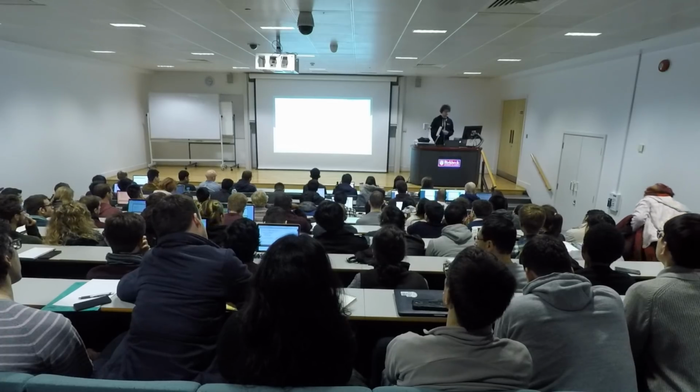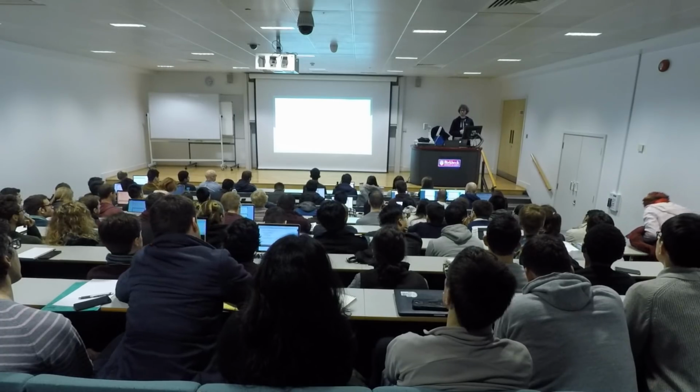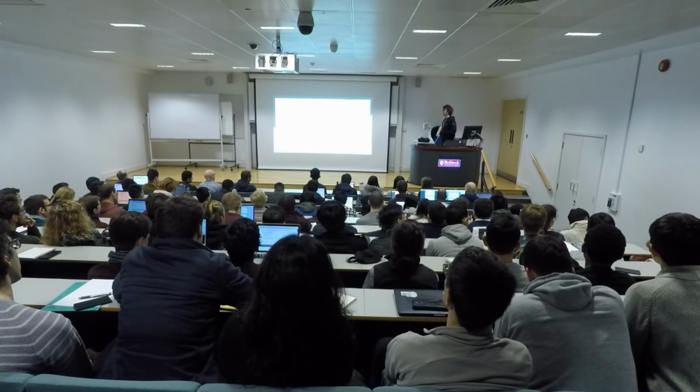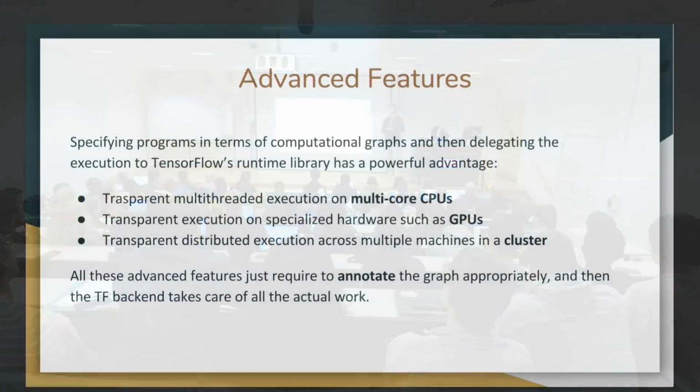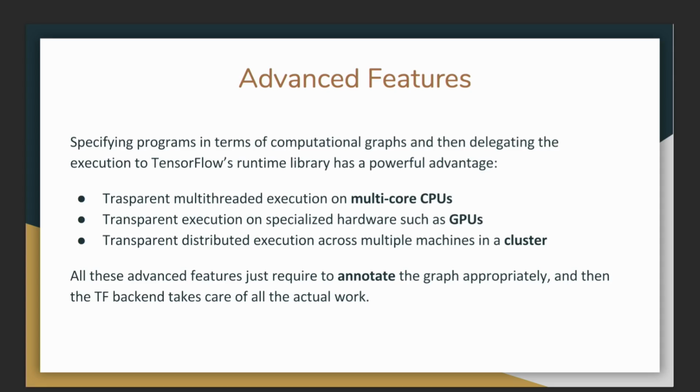Okay, so these are really the core functionalities of TensorFlow, the ones we went up to now. However, TensorFlow is a really powerful and huge library that supports a lot of things, because once you embrace this paradigm of declaring and then executing through a runtime, you can do many more things for free.